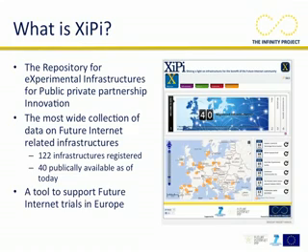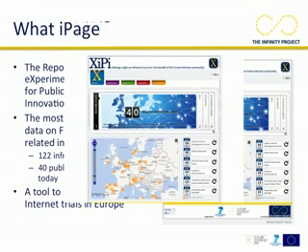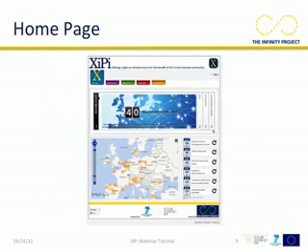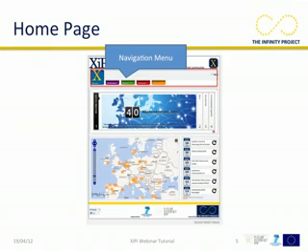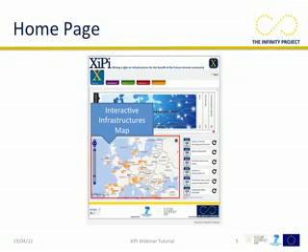So I will quickly show you some slides that present some elements of the repository, and then we will go to the actual demo of the repository to understand together how it works. When you log in, the first thing you see is, of course, the home page. We have on top a navigation menu that brings you to the different sections.